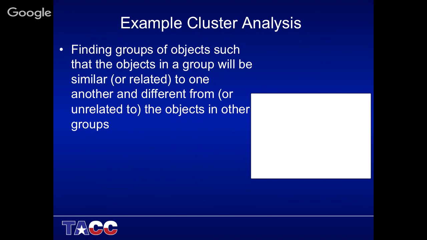So we can step through an example of cluster analysis. If you have a data set and you're trying to find clusters within it, you're trying to find various groupings within your data, since your data would not always be uniformly distributed. And you're trying to find what clusters exist and draw some inference from that based on your domain.